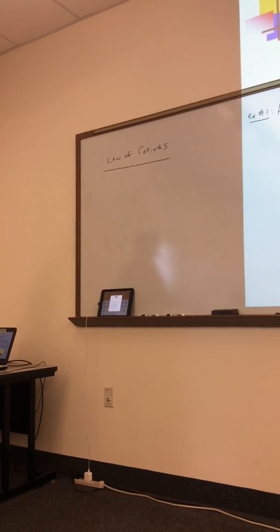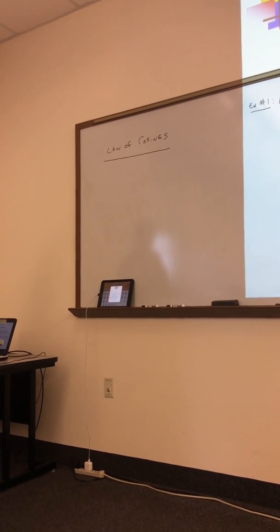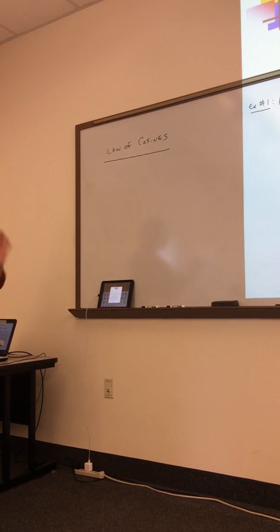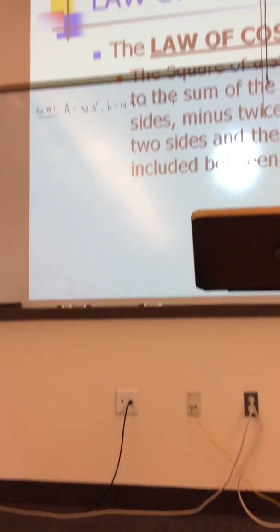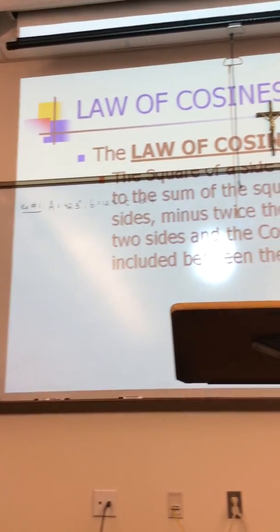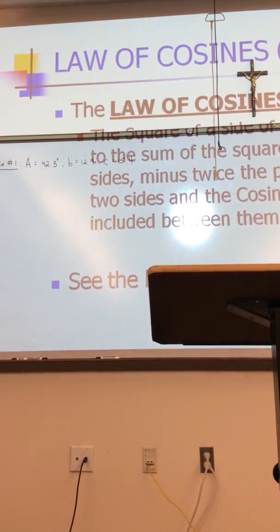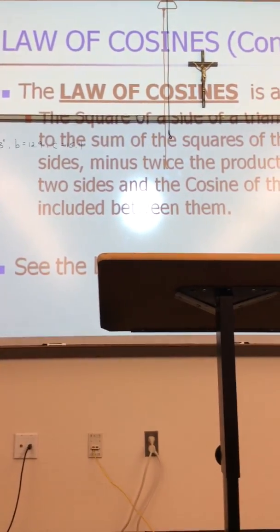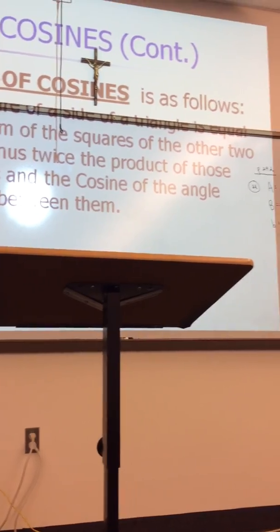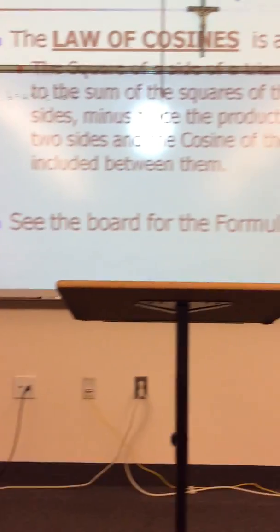Now watch this. You don't write that down. You're not going to learn it like that. I'm going to translate all those words. Just give you this. Now look what this says here.